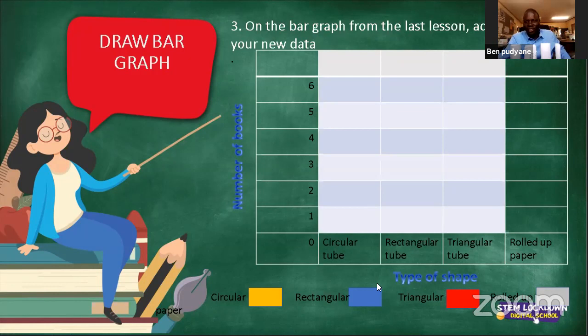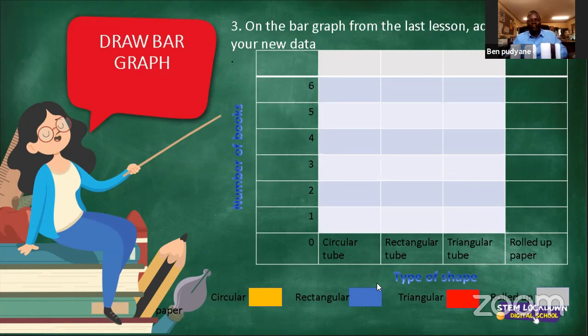Then you can put it on the graph. Make sure that you write the numbers there on the graph, which one is the strongest. You can do this investigation on your own at home. You'll see that I was fair. Use your own books that you write on. You just pile them on top.